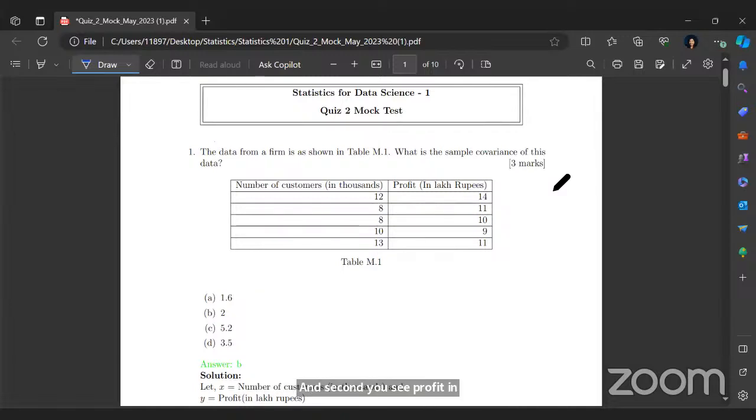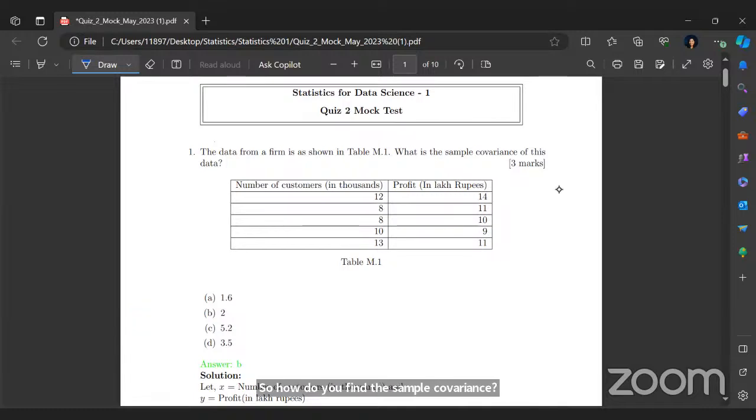Number of customers in 1,000, so if we say 12, it means 12,000 customers, 8,000 customers, and so on. And profit in lakh rupees means 14 lakh, 11 lakh, and so on. Given this data, can you find the sample covariance? So how do you find the sample covariance?